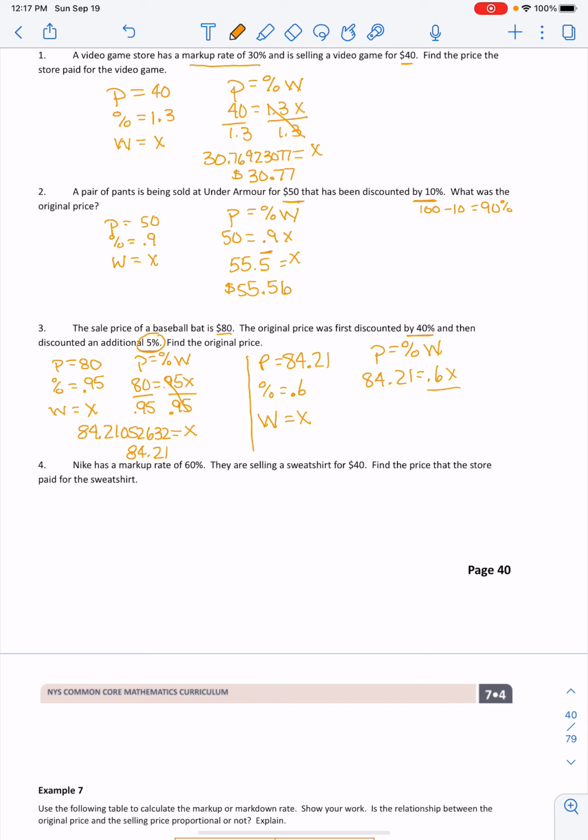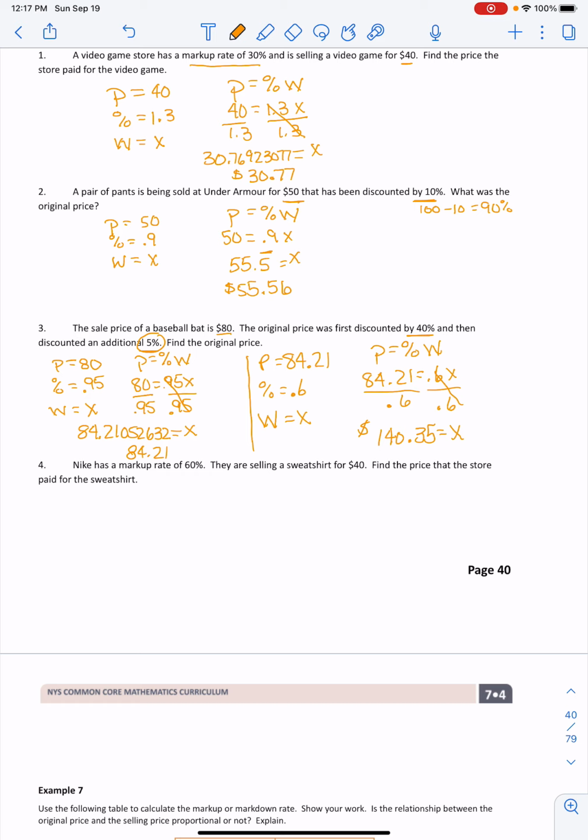And we are going to divide both sides by 0.6. Therefore, our x is going to equal 140.35. And you don't have to round it or anything.